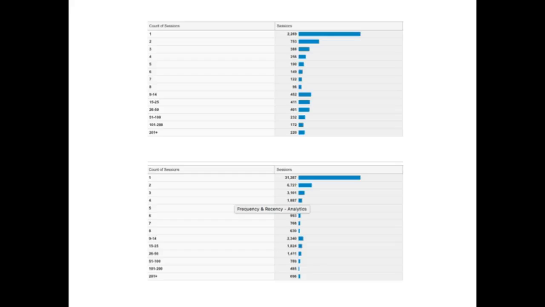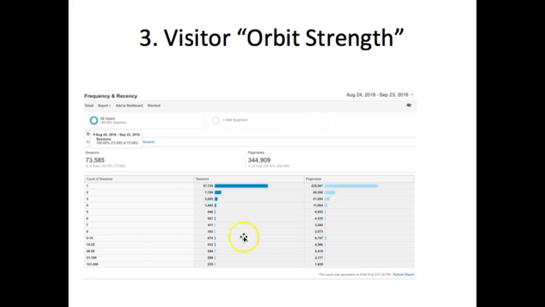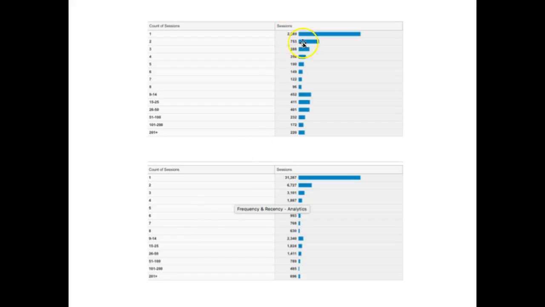The other thing I want to show you is a couple of the other sites that I'm working with, and you can see here that their pattern is a lot different than this pattern, right? This pattern, it's a one-time visit, and then they don't really come back. Here, we see a lot of engagement happening at the 9 to, we'll even say 50 level.